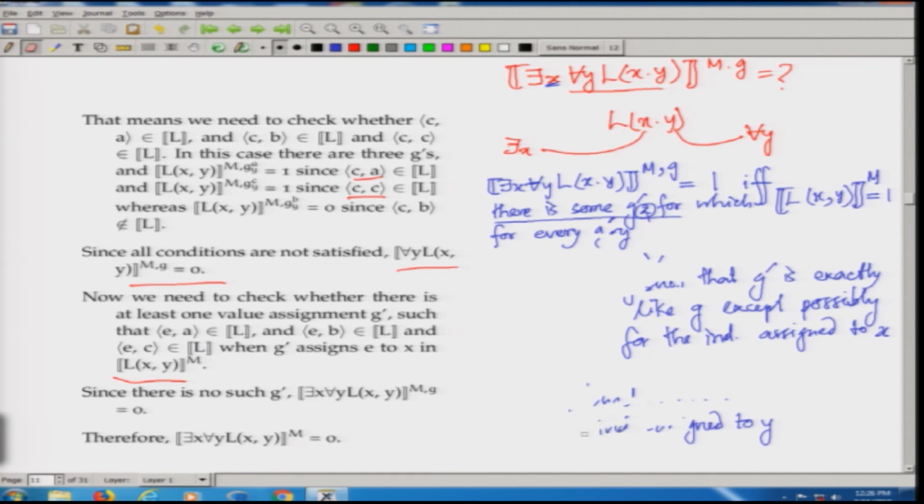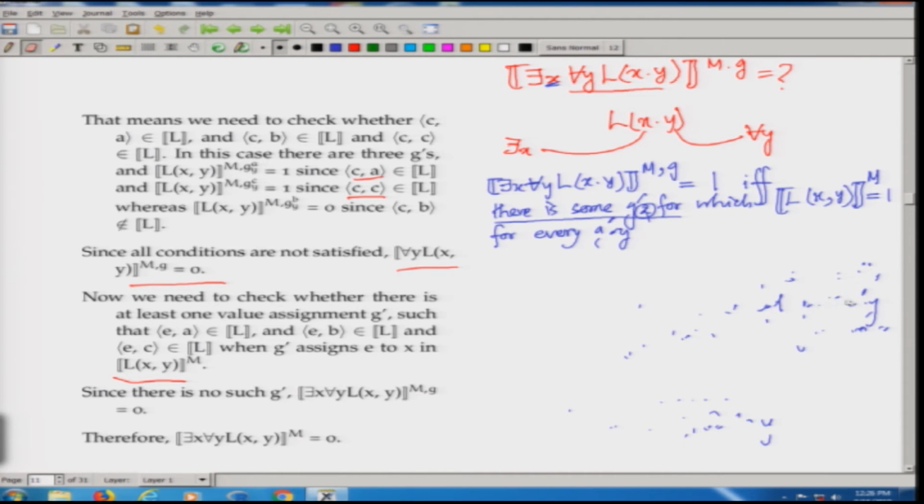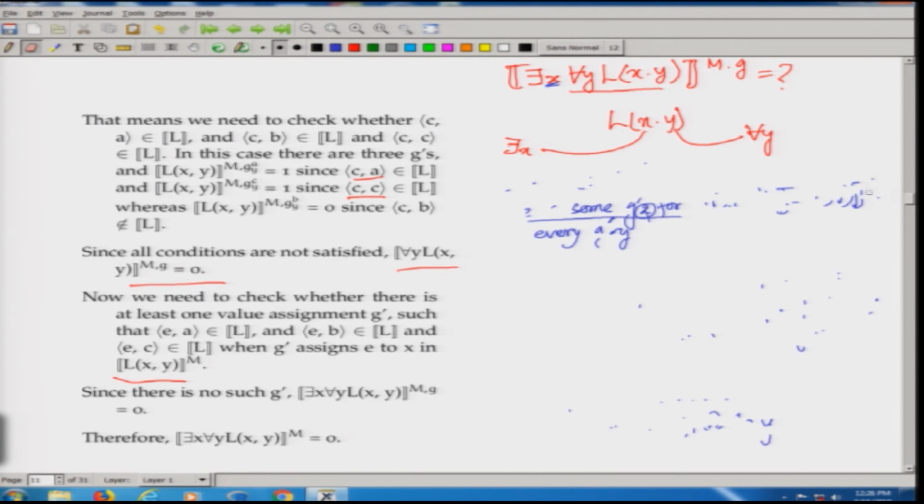We have to check two different things, but the starting point is definitely x, not y. So, we have to look for some x. I will try to give you a picture of this so that we all can understand what is going on, but I need to make some space for this. So, there are three options for x. Our starting point is x.